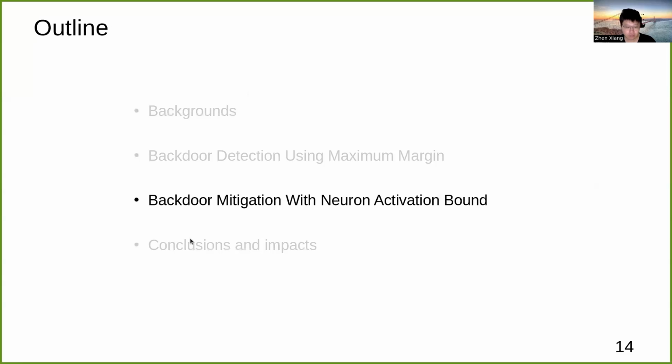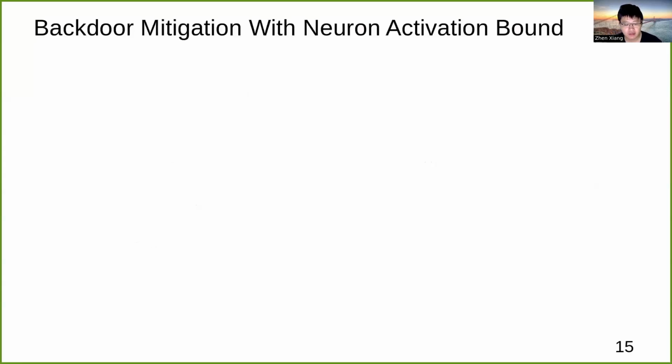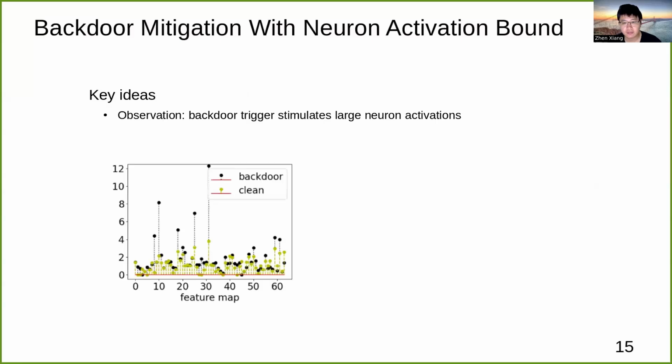Okay. So now let's take a look at our backdoor mitigation approach with this neural activation bound. Our method is based on the key idea that a backdoor trigger will stimulate very large neural activations in the internal layers, as shown by the figure here.